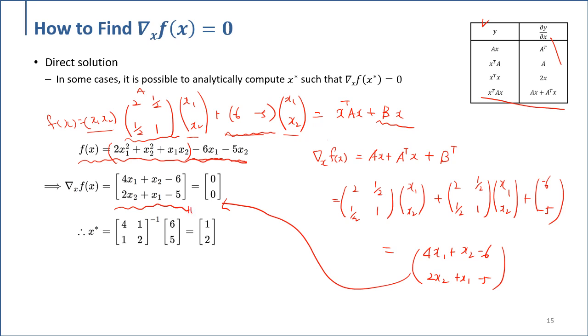So this is just another expression to obtain the gradient by using a matrix derivative. If you memorize this form, then you may use it to calculate the gradient when it's written in matrix form.